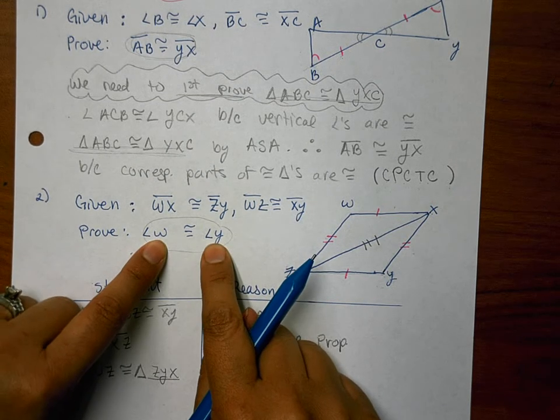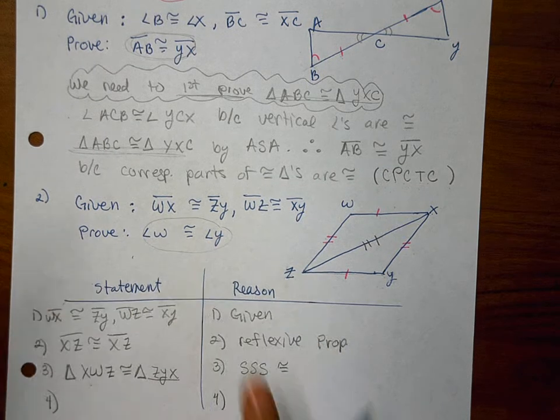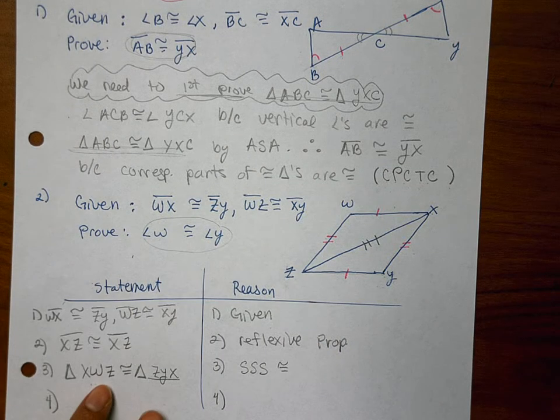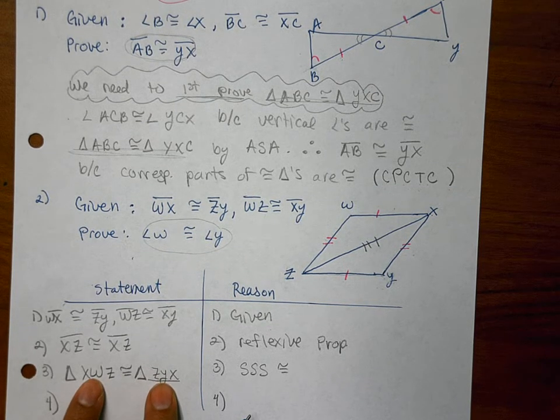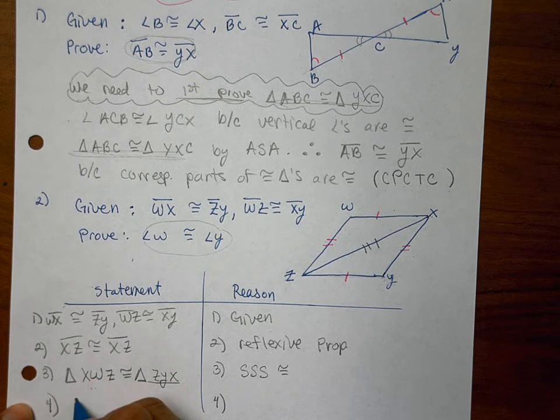But keep in mind, I wasn't only trying to prove the triangles are congruent, I'm trying to prove that parts of the triangle are congruent. Let's look at our statement. W, sure enough, matches with the Y. So if these two triangles are congruent, then those two corresponding angles are congruent.